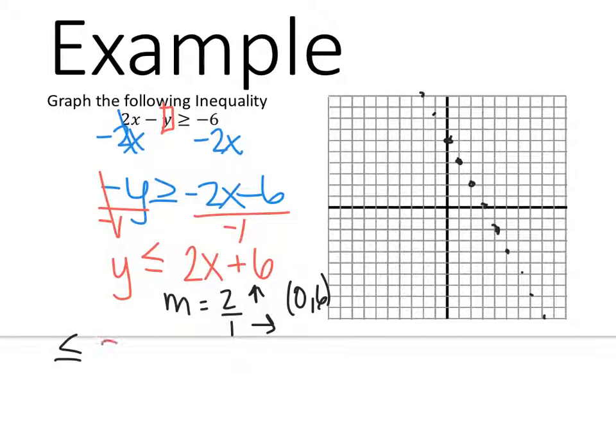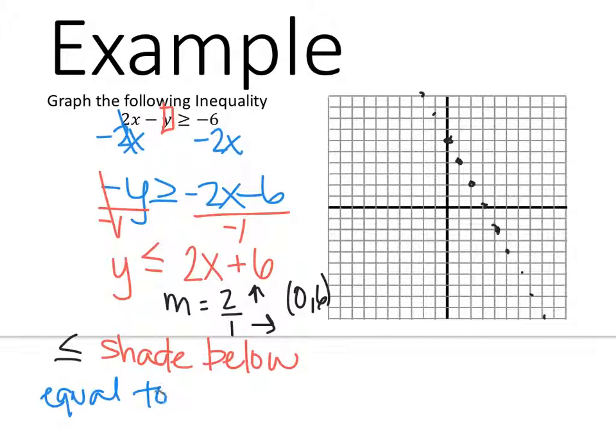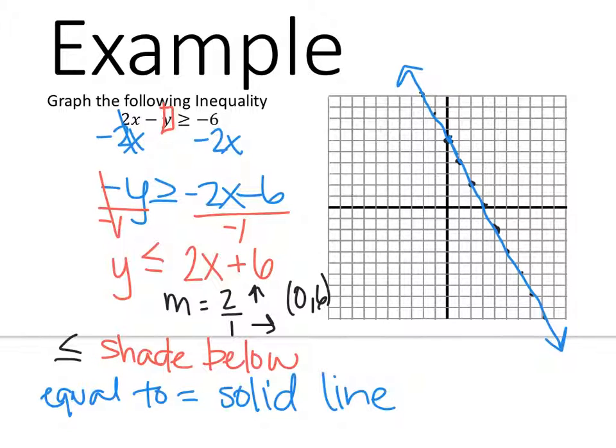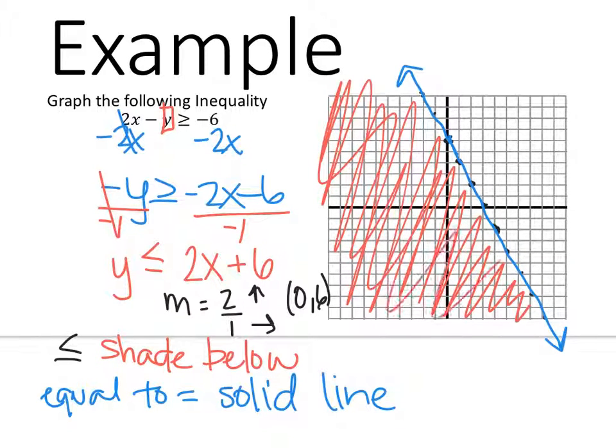So this less than means I'm going to shade below. And since there's an equal to, I'm going to have a solid line. So we're going to graph it just like a normal graph. To shade below, so all of my y values below this line are down here, because y is less than that line. So there's 2 examples of solving for y and 2 examples of graphing.